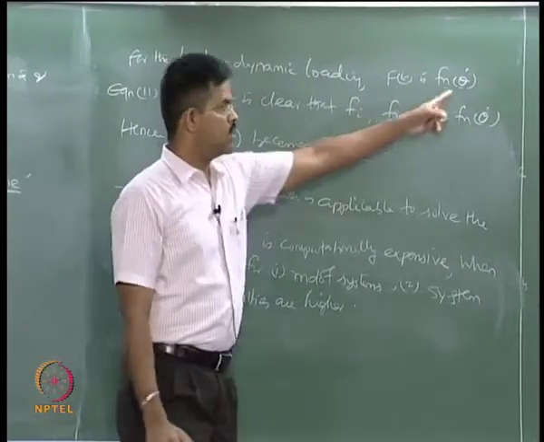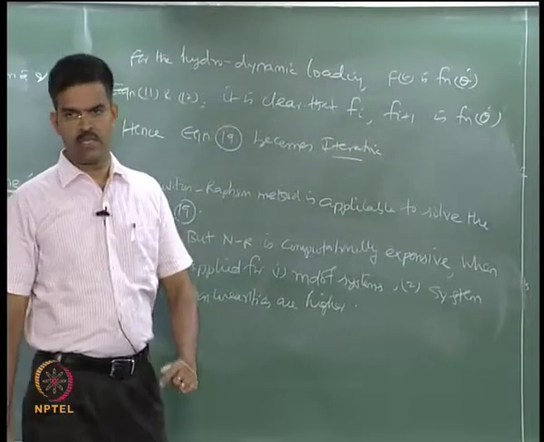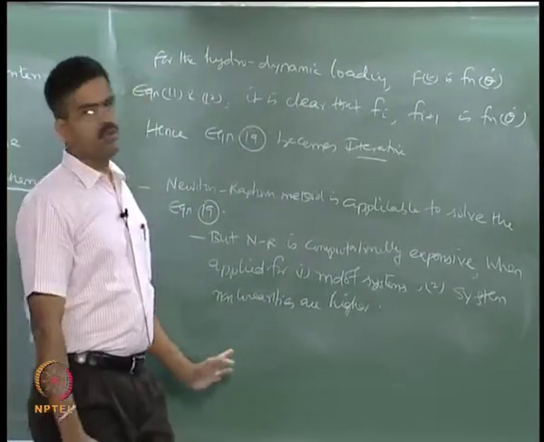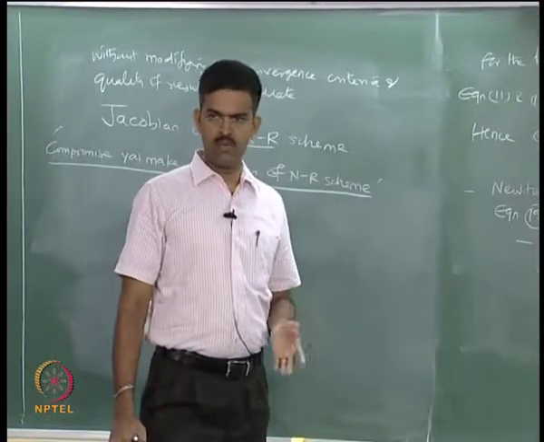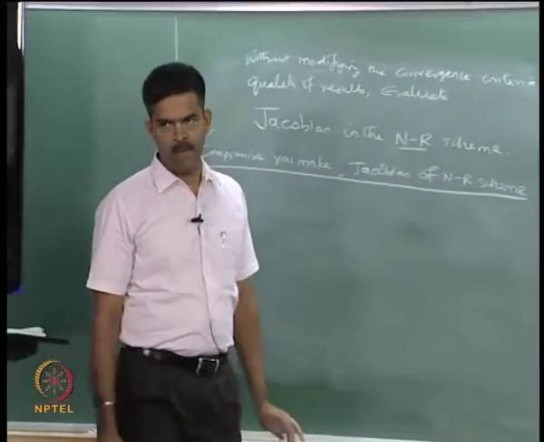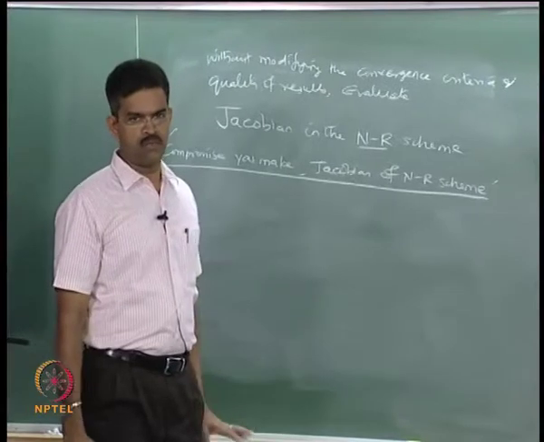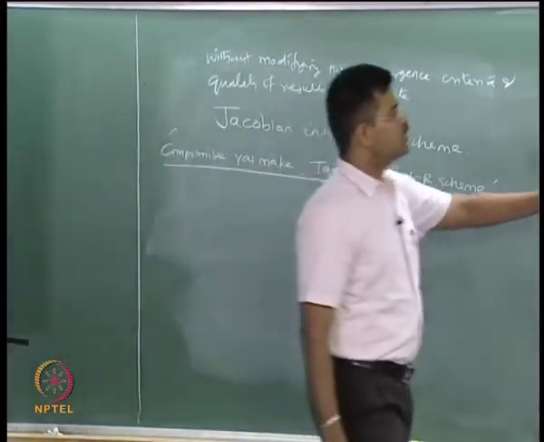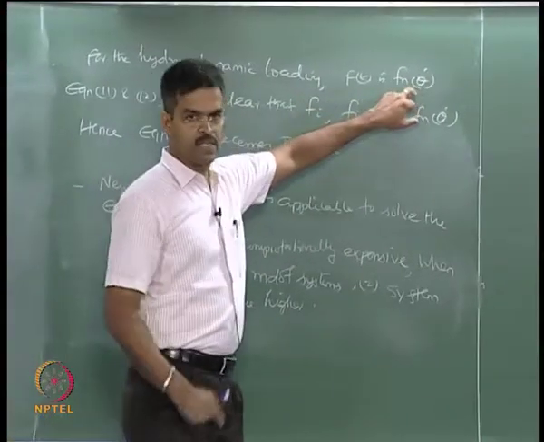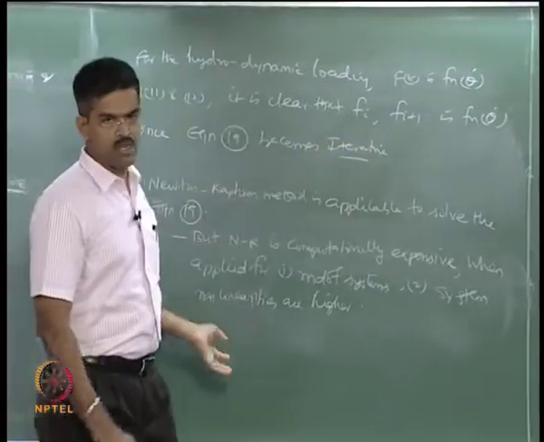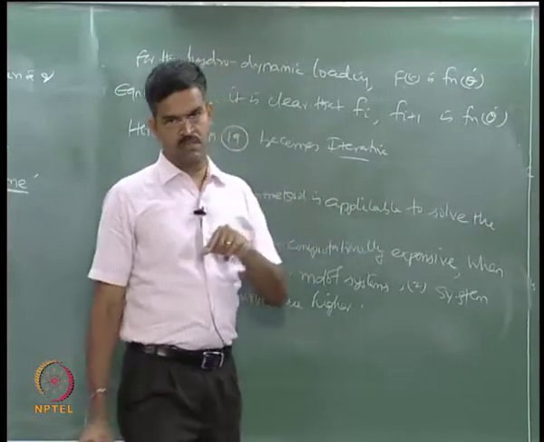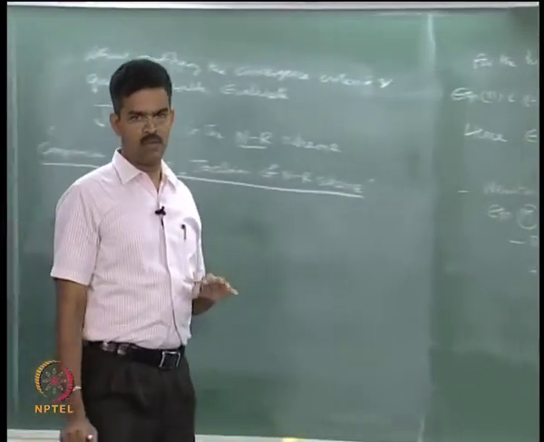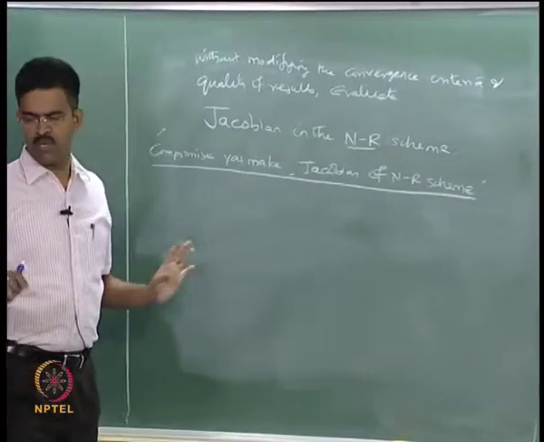Because it depends on the theta dot at that iteration. What I will do here is take the theta dot of the previous iteration and use it for the next iteration. That is the compromise I am making here. The f of t should be a function of theta dot of that iteration itself, but what I am trying to do here is pick up the theta dot of the previous iteration and use it for the next iteration. That is how the solution can become slightly simple.